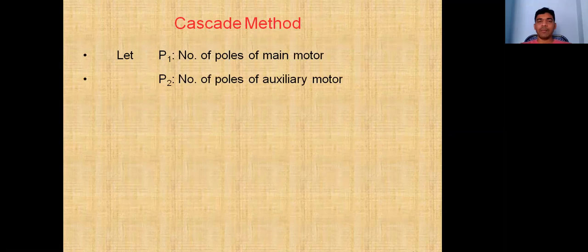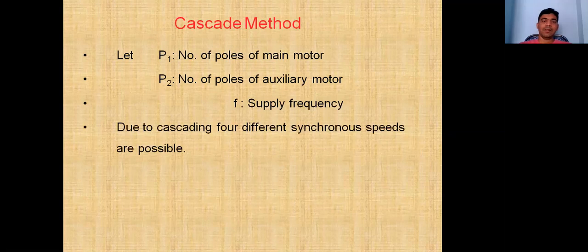Let P1 be the number of poles of the main motor, P2 the number of poles of the auxiliary motor, and F the supply frequency. Due to cascading, four different synchronous speeds are possible.